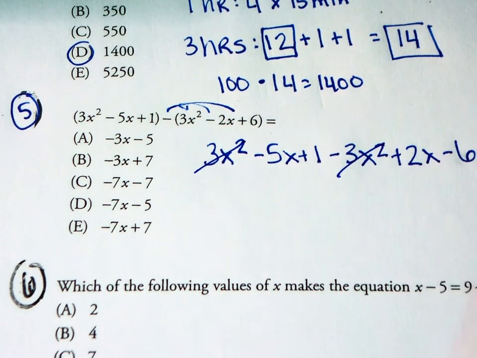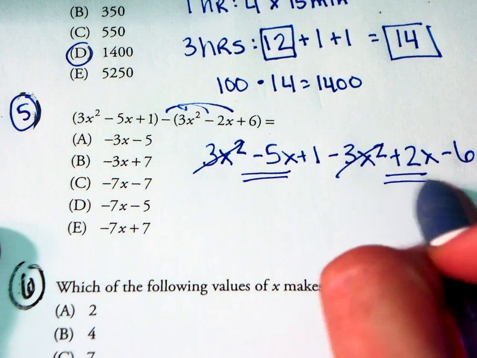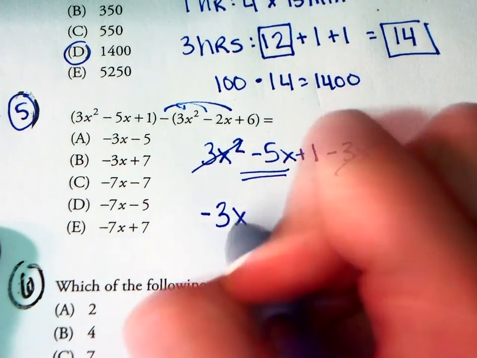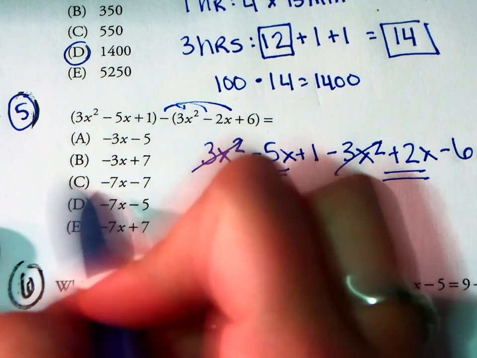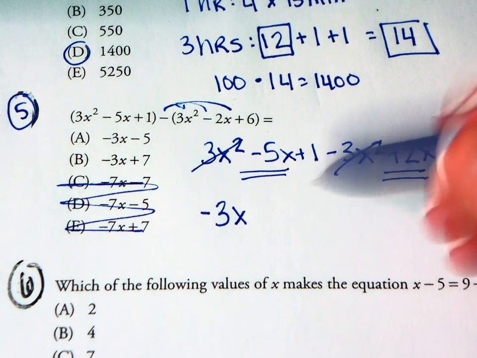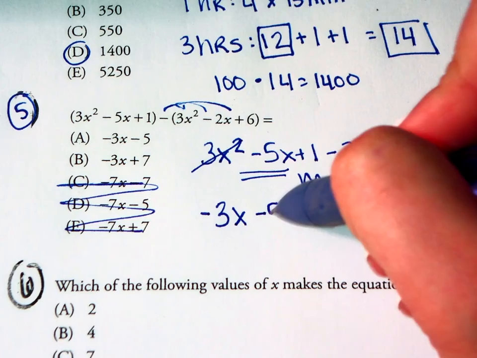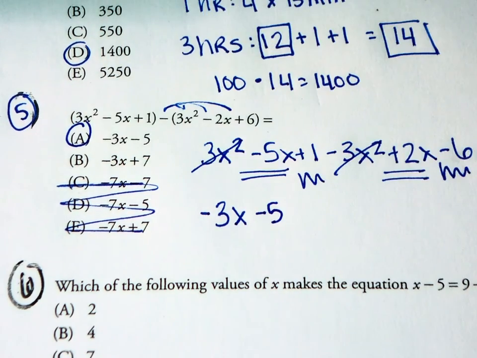My 3x² terms are going to go away. Then I'm left with -5x and +2x for a -3x. Analyzing my answer choices, I can narrow it down to just A or B. Then I have a positive 1 and a negative 6, which gives me a -5, which is answer choice A.